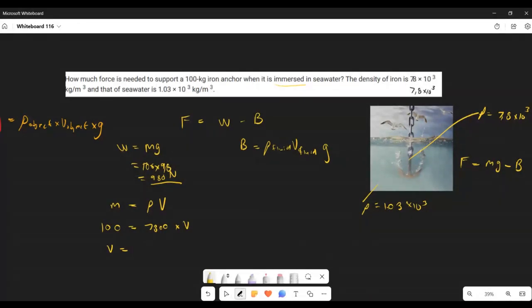It just seems a bit strange now. All right, so I will get that volume for you, and that volume is 0.0128 meters cubed. Okay, that's fine.